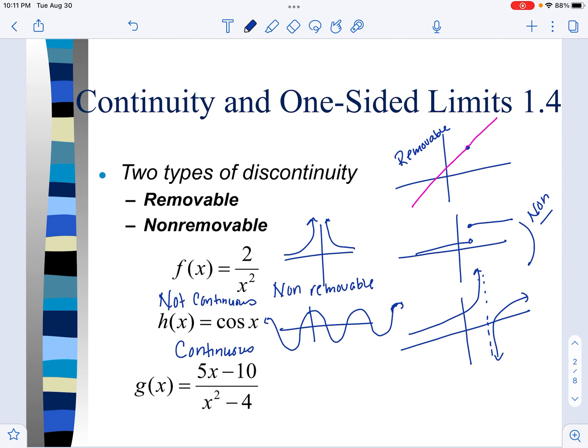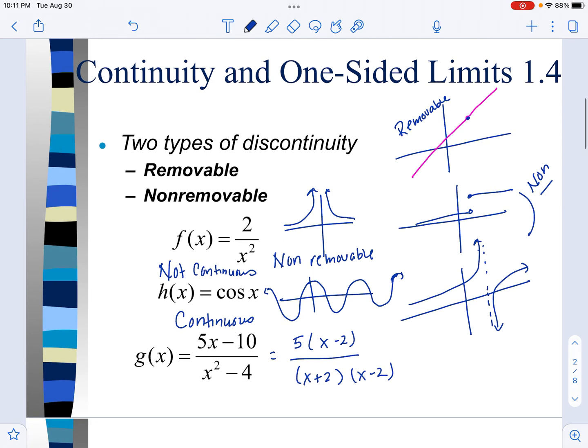Okay, if you look at the next one, think back to what we were doing earlier. We could factor and get something that looks like this, and then we'd have x plus 2 and x minus 2. This is where removable comes into play. Notice we can cancel.